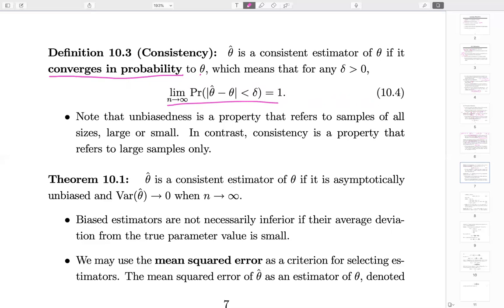It is a slightly theoretical concept, and I don't think we will ever deal with different types of convergence. There is convergence almost surely. There is convergence in probability, as what we define here. There are also convergences in L1 or even LP. For instance, we actually have seen this. Let me go back.